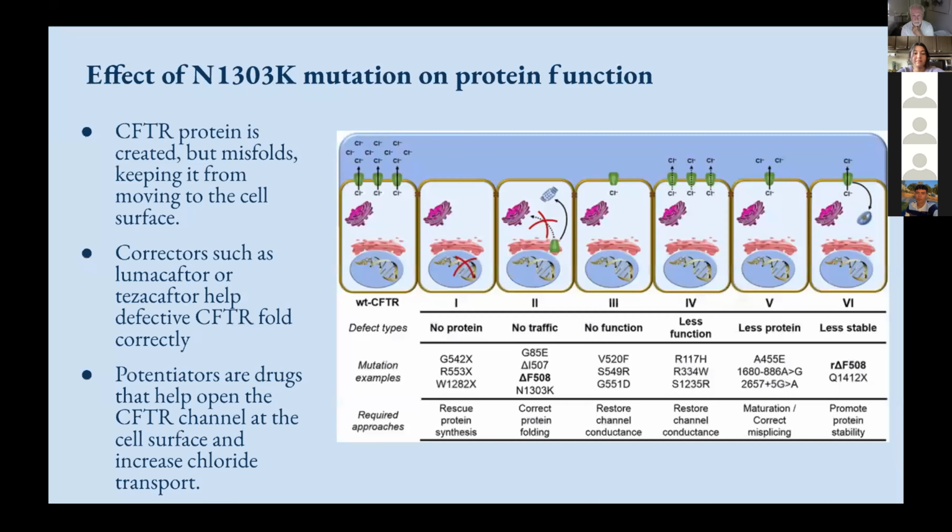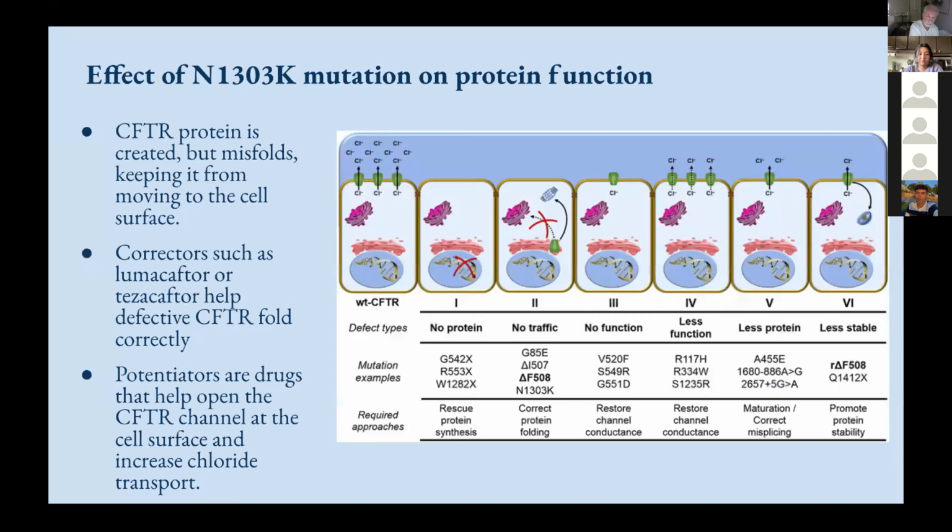I don't know. And there are also correctors such as lumicaftor, if I'm pronouncing it right, and it helps the defective CFTR fold more correctly in order for the plasma and the cells to get to the surface.